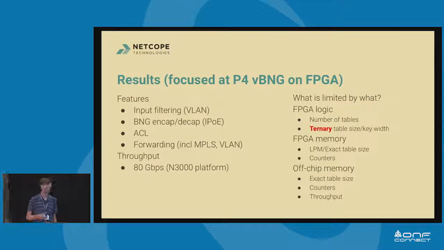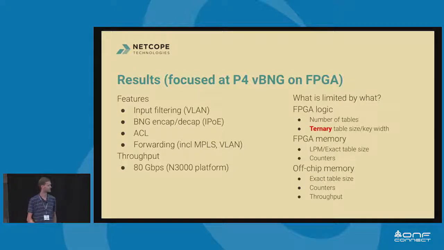Now, the result that we are looking at right now is the pipeline that has the basic features such as input filtering, BNG, NCAP, DCAP. We use IPoE in this case. There's an ACL table and the forwarding tables with support of MPLS and VLANs.